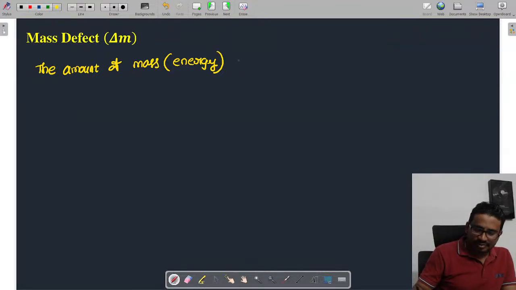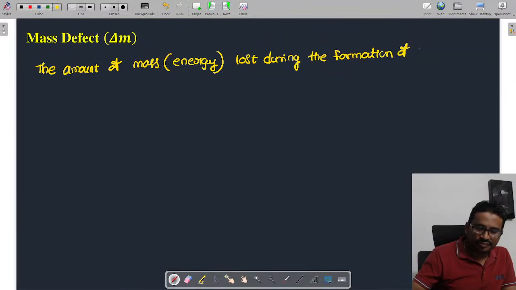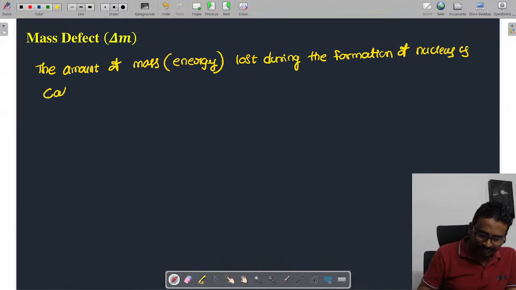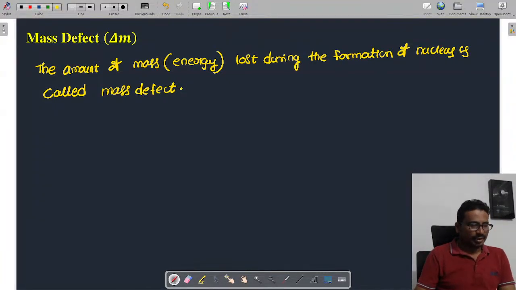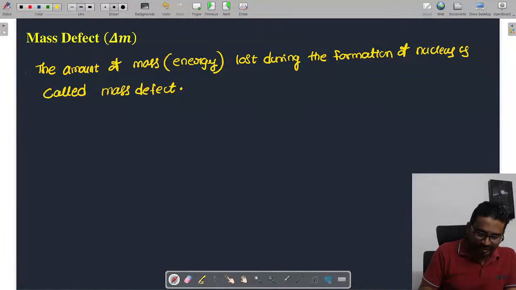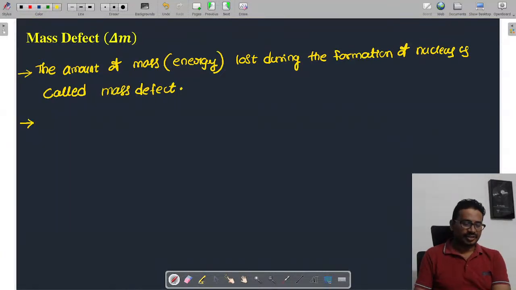The amount of mass lost during the formation of nucleus is called mass defect.